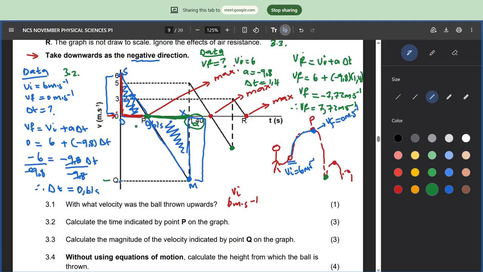Because remember, 1.4 is from this point all the way to that point. So to find the distance of that green part, we need to say 1.40 minus 0.61.